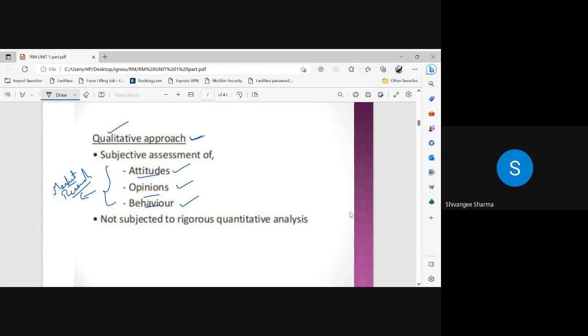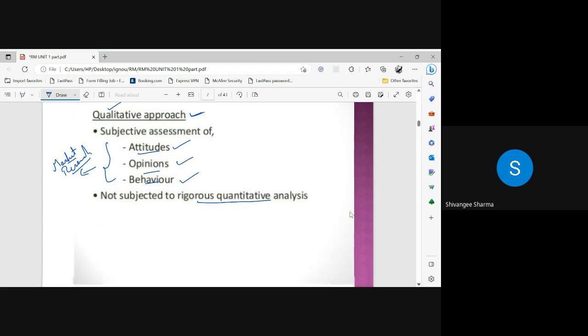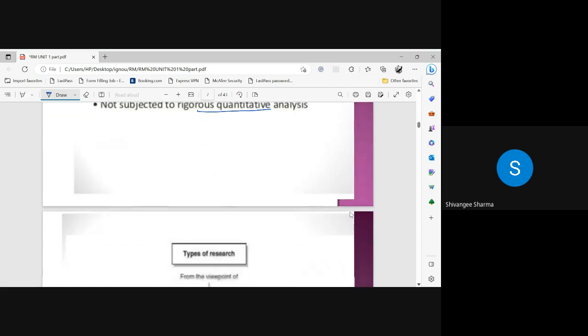So it is not subjected to rigorous quantitative analysis. You are not doing integration or differentiation to reach a conclusion. In qualitative research, simple statistics and simple presentation of the statements are done to identify the attitudes, opinions, and behaviors about a particular project which you are going to take.